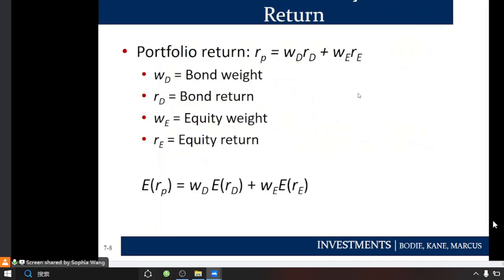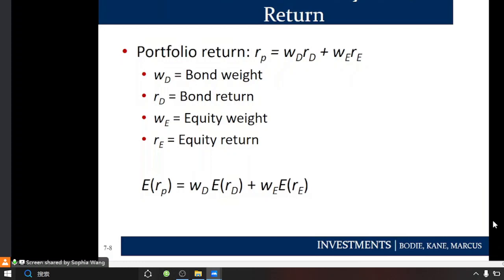And next, don't forget, our goal in this chapter is this: if I have already determined that 80% of my capital should be put in the risky assets, and in the risky assets we have different stocks, how should I allocate my capital into different stocks? That's our final goal.